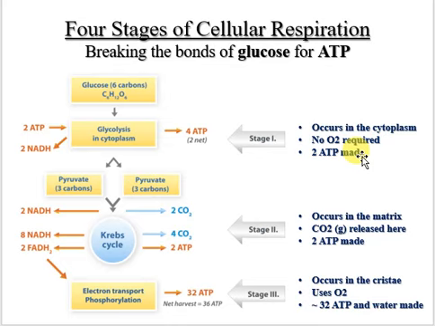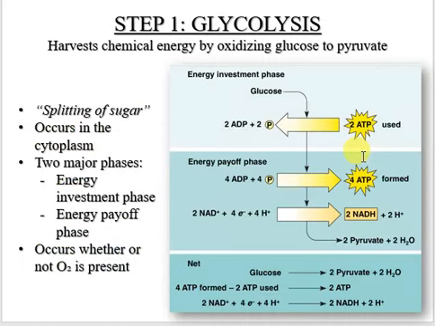So looking at, again, what goes into the system. So what are the reactants of the process? What comes out or what is produced by each process? And where does each one occur in the cell? Again, the majority of them are going to occur in the mitochondria, but not all of them. And some of them may be different for eukaryotes versus prokaryotes.